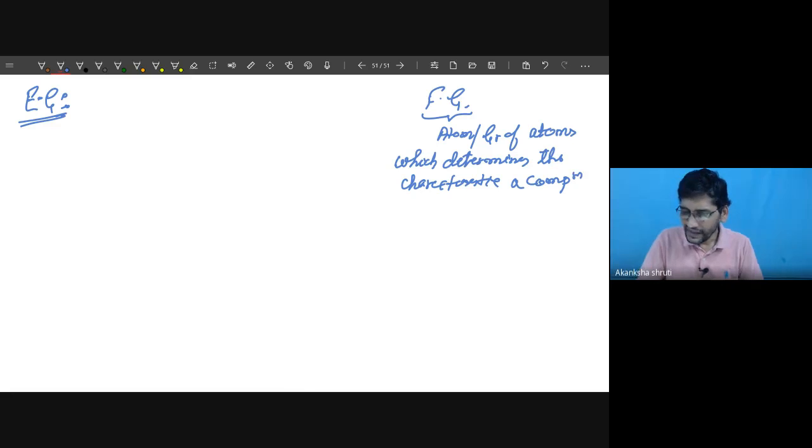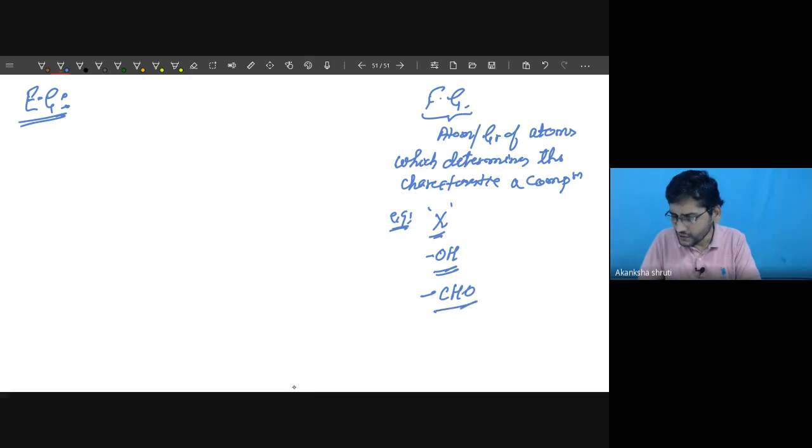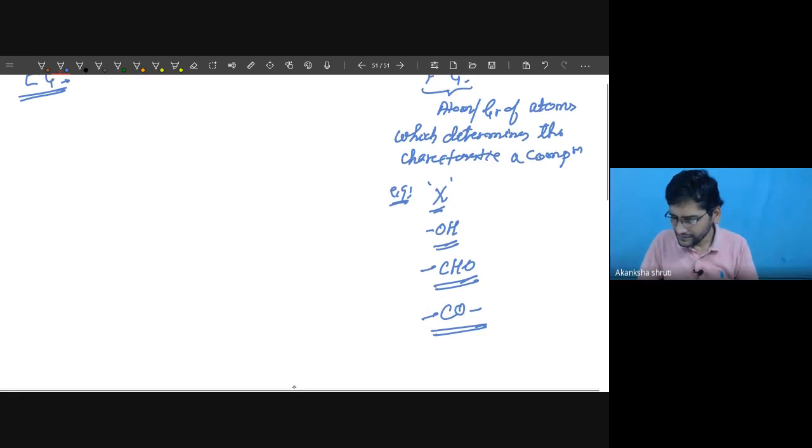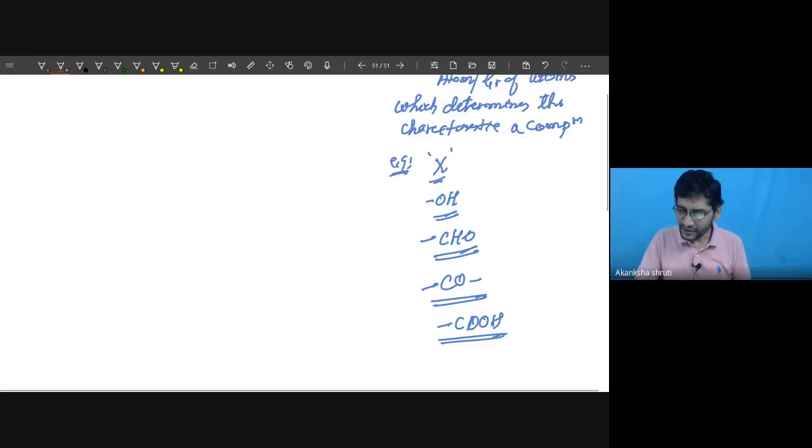Understand this. Example. So if the functional group is asked, only this atom is the functional group. Only OH is the functional group. Only CHO is the functional group. Only this CO is the functional group. It may be your COOH.